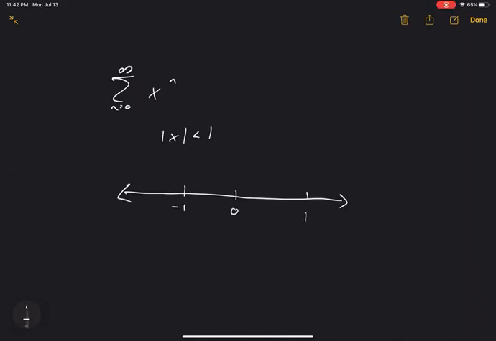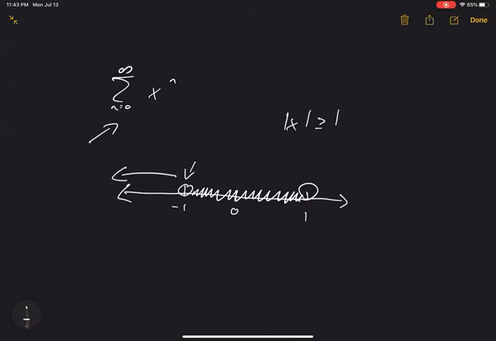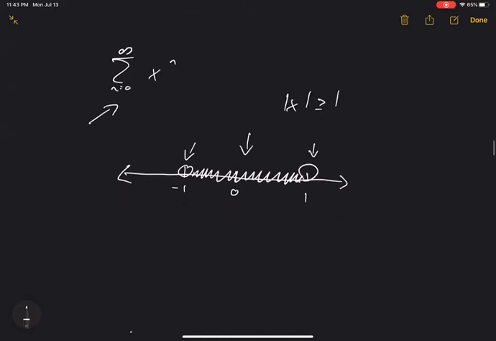We see that this series converges when x is in this region, right? And it's going to diverge when the absolute value of x is greater than or equal to 1. So it starts diverging at -1 and diverges all the way to the left, and it starts diverging at +1 and diverges all the way to the right. But in this interval in the middle, our power series is going to converge.